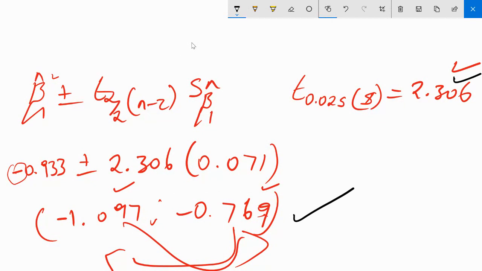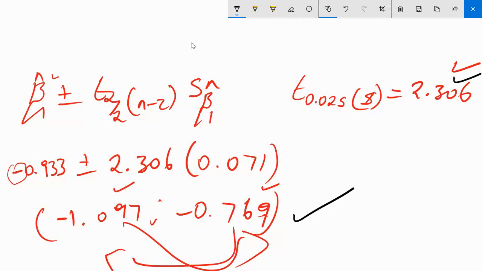Now, the last mark, you are verifying what you tested on the previous question. On the previous question, you were testing the relationship. When you use a confidence interval, how do you test? People were saying we are 95% confident that the value of beta 1 is between this. We didn't want that.